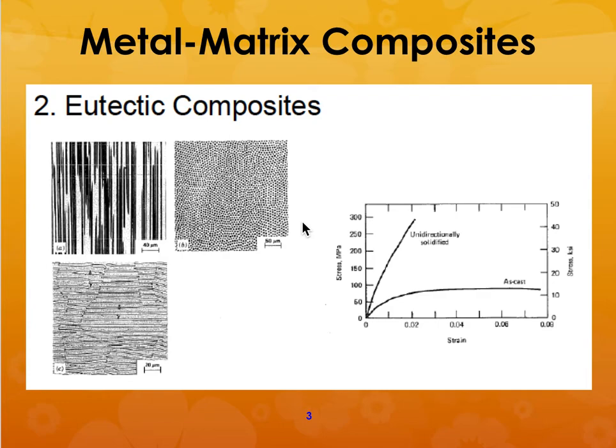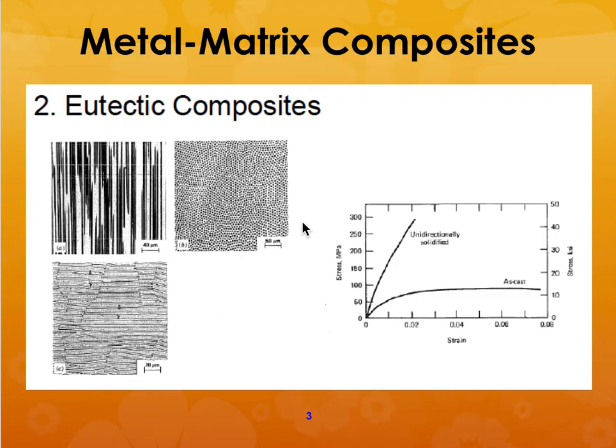So this one relates to what are called eutectic composites. So eutectic, what is eutectic? Eutectic is a combination of two metals that melt at a temperature lower than the melting point of either of those two metals.